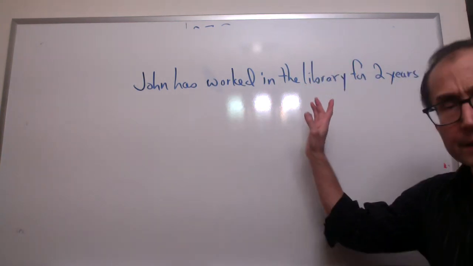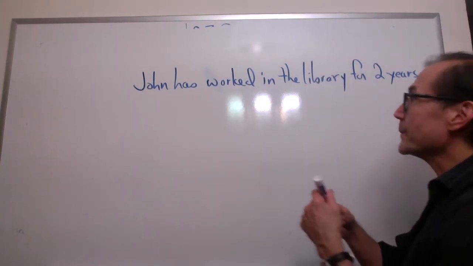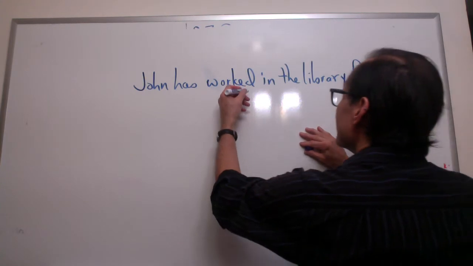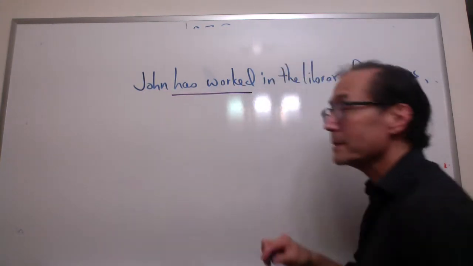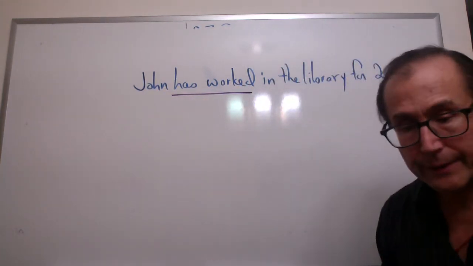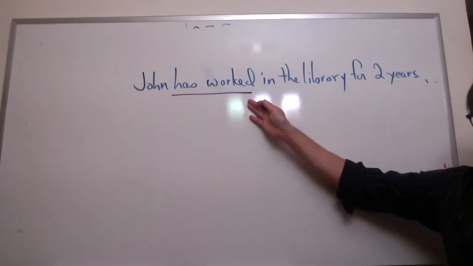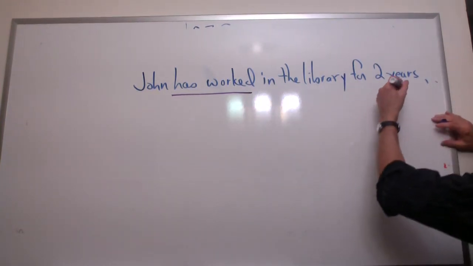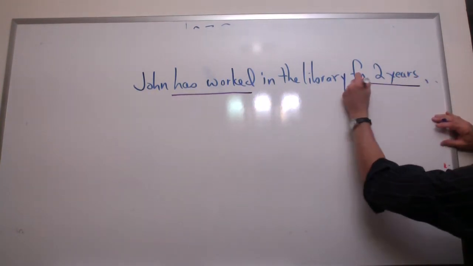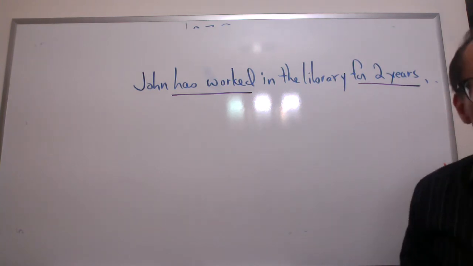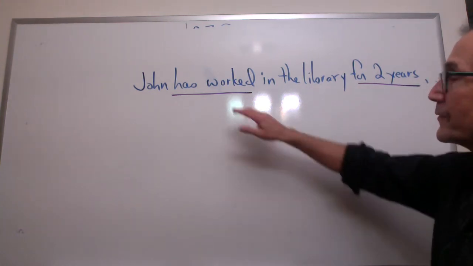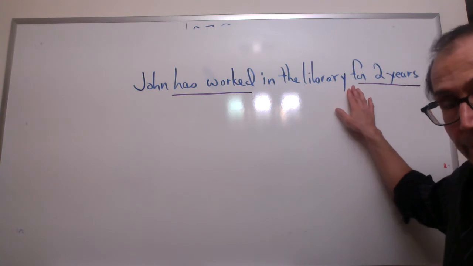Let's take a look at this sentence and decide what it means. Here, I have present perfect. John has worked at the library. Has worked. And then I have a length of time, for 2 years. So I say, oh, I have present perfect with a length of time.